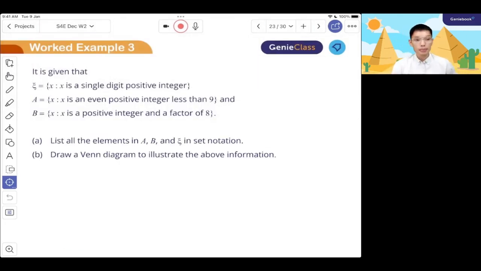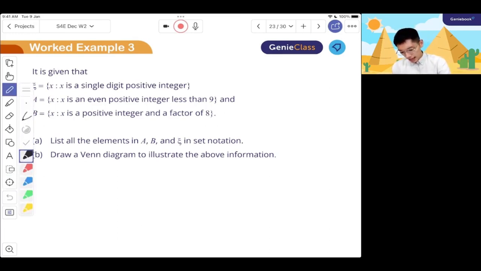So now, suppose this is my set, and sometimes in context the universal set will be given to you. In this case, I'm considering single digit positive integers. Before I go down, let's refresh a bit.